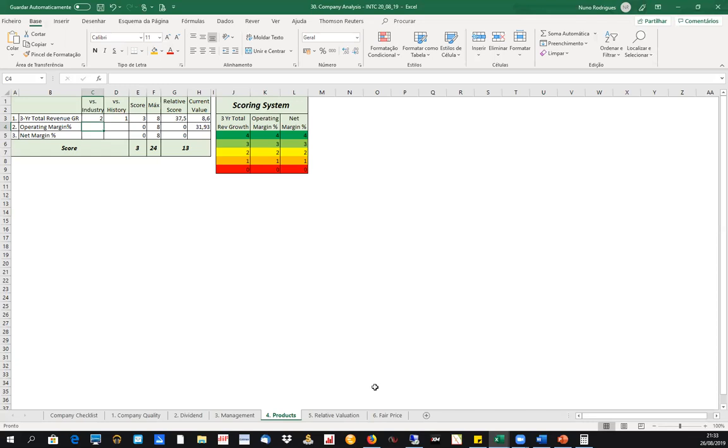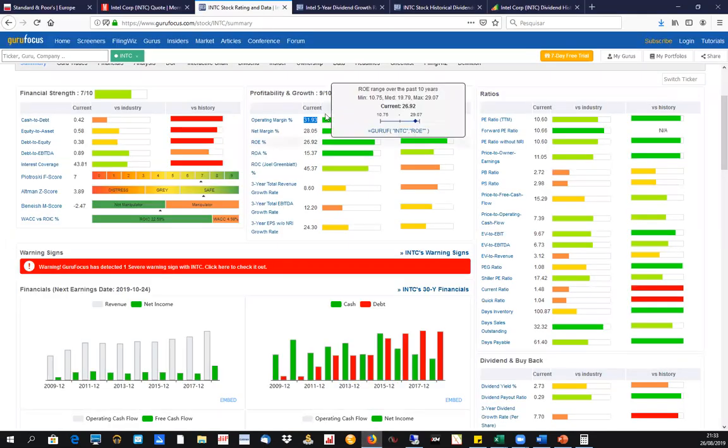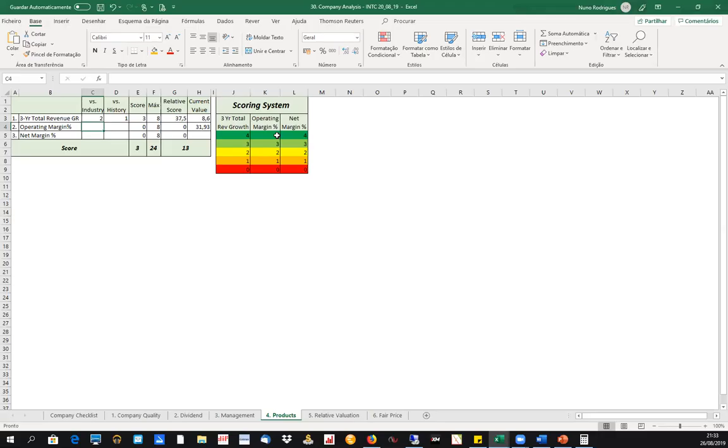Let's take a look at the color scheme. Dark green and light green. Dark green versus its industry for operation margin, it's a 4. And light green versus its history, so we score this a 3.